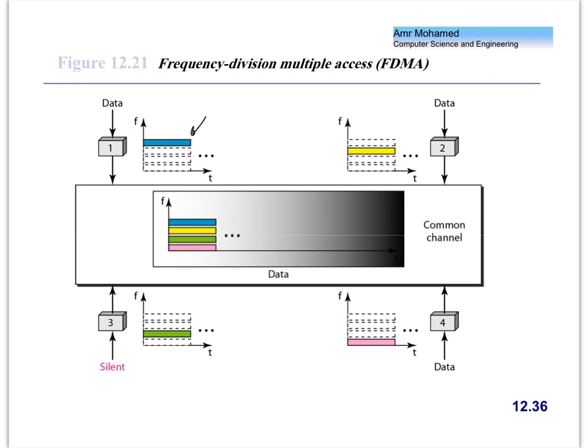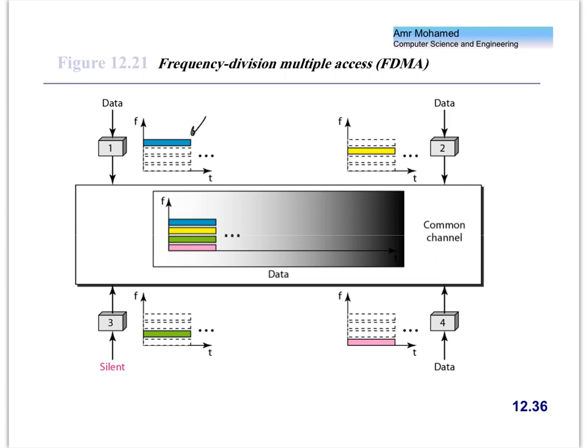Okay, so each station that comes in will select one of these channels, and we'll use that frequency range to send any data. So then if these nodes are sending at the same time but on different frequencies, we know that a collision will not happen.